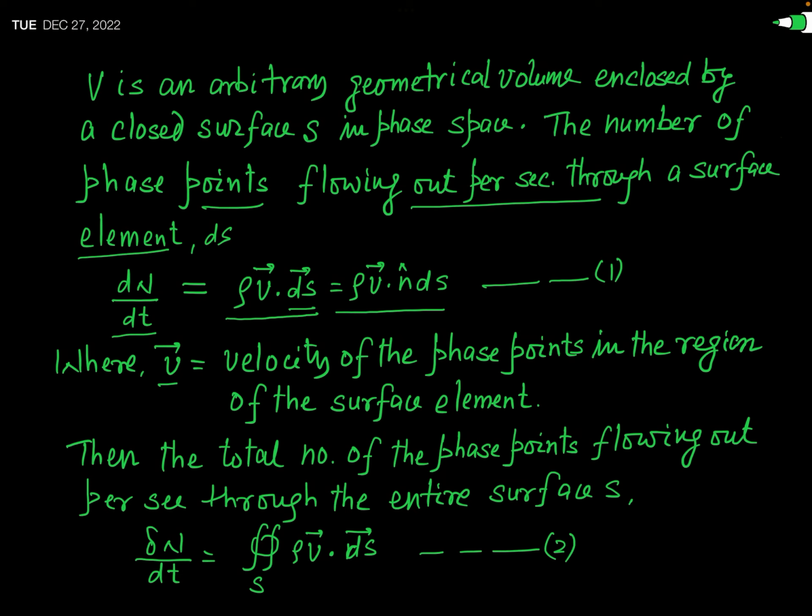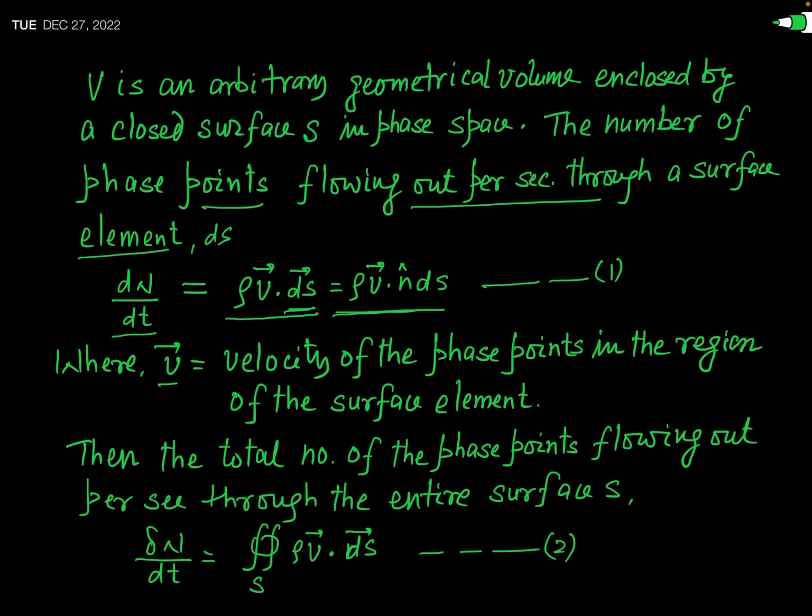It is very easy to say that if we know the number of phase points passing through an elementary surface ds per second in the outward direction, then if you integrate this result over the complete closed surface, you will get the total number of phase points moving out through the entire closed surface S.